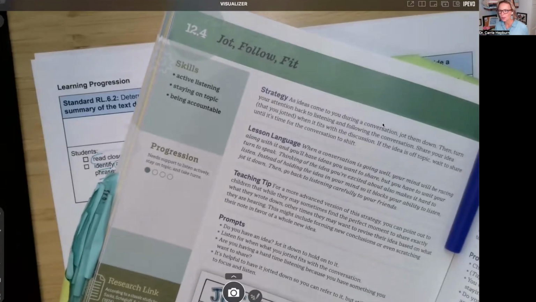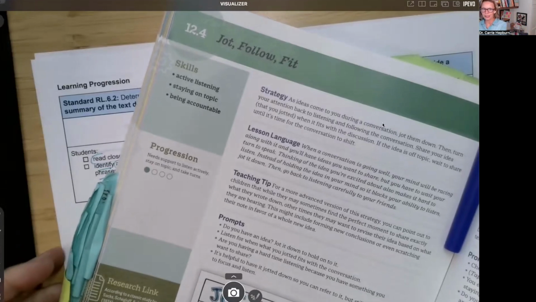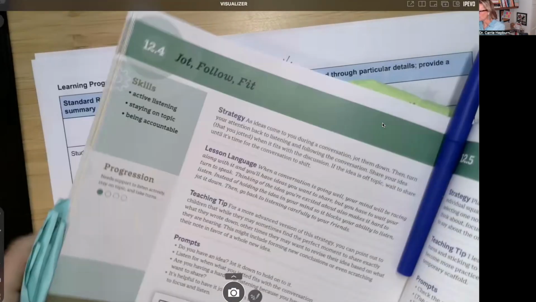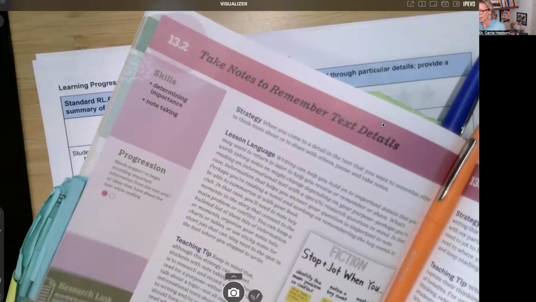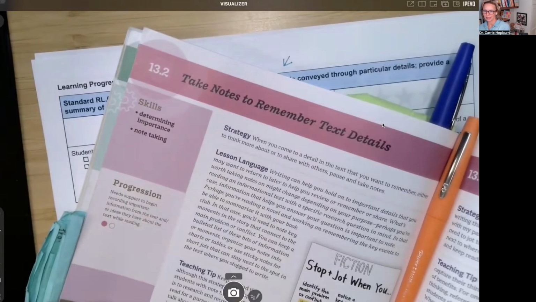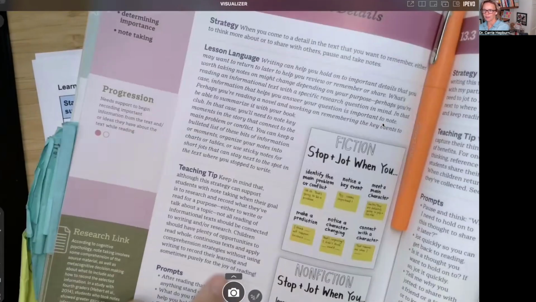We thought this will be a good one to kick off with because we want to get students ready for independent reading and we want them ready for book clubs. And then another one is we're going to teach them next how to take notes to remember text details. And we can do that in fiction and in nonfiction.